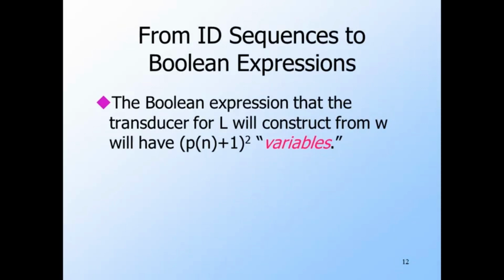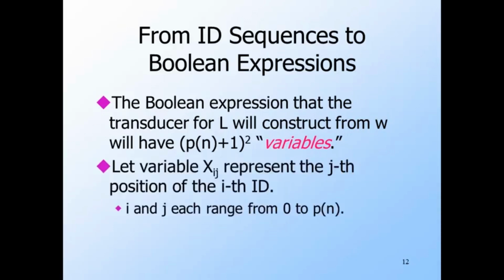The first thing the transducer does, seeing w, is to determine its length n. The expression that is output from the transducer will involve P of n plus 1 all squared what we call variables. But these variables are not the propositional variables of Boolean logic. Rather, they are collections of propositional variables that together represent the symbol in a particular position of a particular ID.